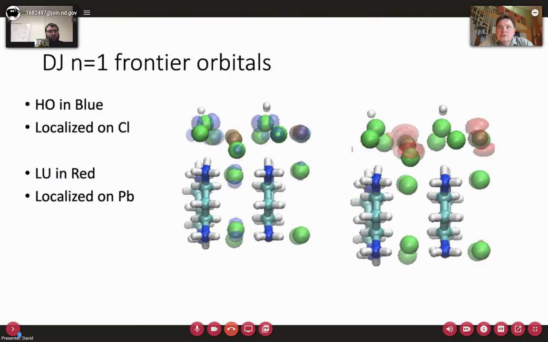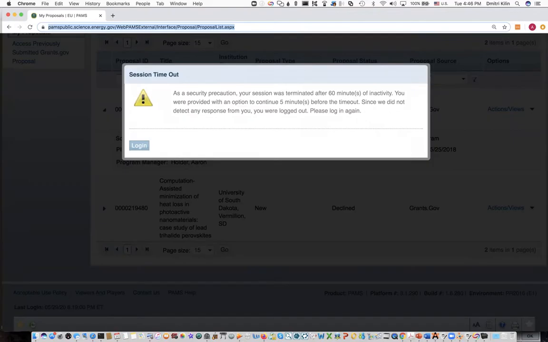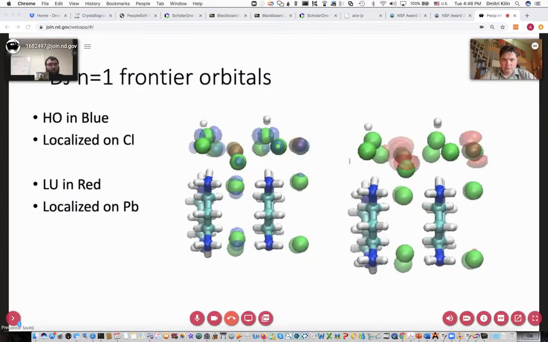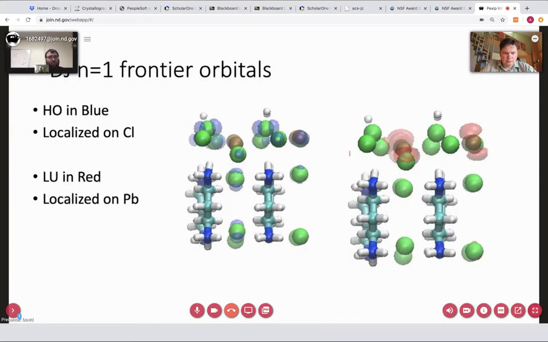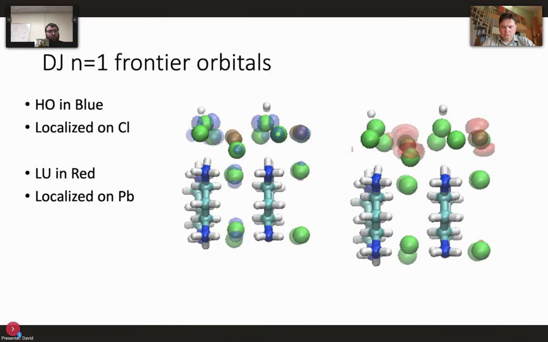So here we're looking at the HOMO and LUMO for the N equals 1 model. And we see that in the HOMO, the orbital is localized on the chlorine, in the LUMO it's localized on the lead.